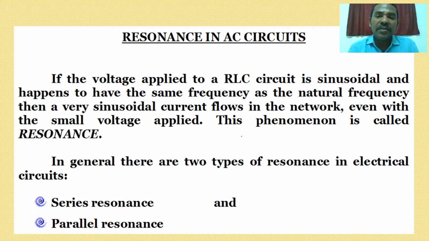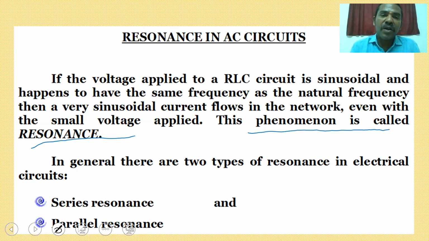Due to a small change in the voltage, there is a big change in the current. We will understand this behavior step by step with respect to the connections, such as series resonating circuits and parallel resonating circuits. This phenomenon is called resonance.